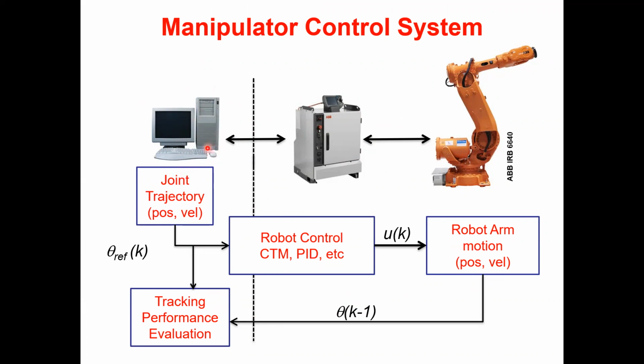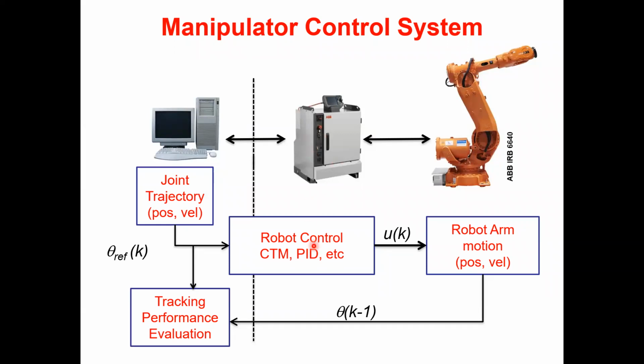Again, as I explained, the reference input generator generates sometimes position and also velocity together, and then it can give the velocity input or the position input to the controller.